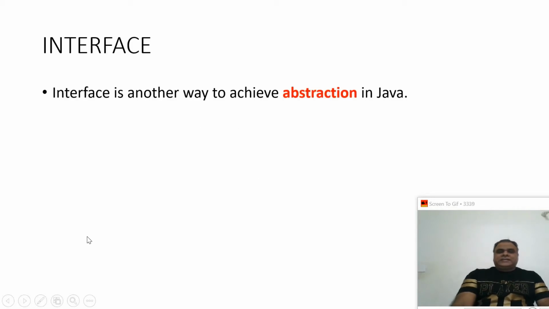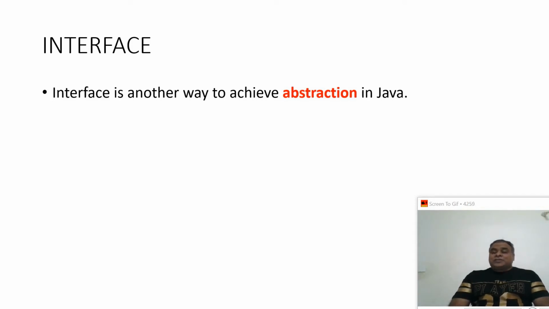Let's start on this. Interface is one of the important concepts in Java programming. It is another way to achieve abstraction in Java. Abstraction, you may be familiar, is one of the important OOP concepts, object-oriented programming concepts, in Java.